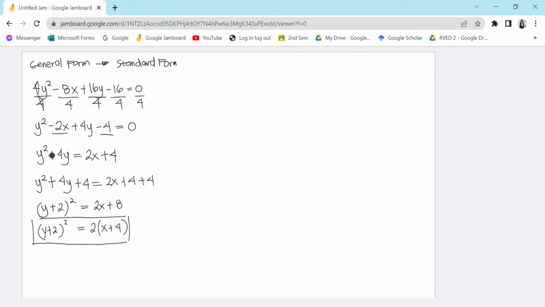The other solution, I'll just explain it and not write it because it is shown in the PowerPoint. So, same equation, following the same pattern, you'll be left with 4y squared and 16y on the left side. And then, we transfer the 8x and 16 to the right side. And then, before completing the square, you have to factor out 4.